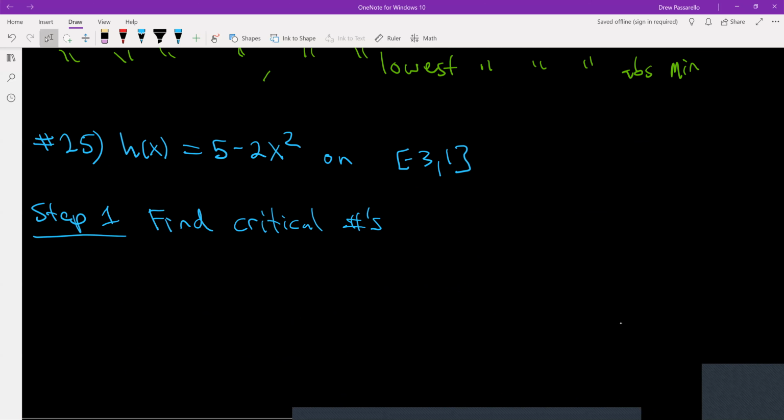The critical numbers involve finding the derivative. Like in the last video, we found the derivative of the function, and in this case, h prime of x: the derivative of 5 is 0, and then we have minus 2 times the derivative of x squared, and the derivative of x squared is 2x. So h prime of x is equal to negative 4x.